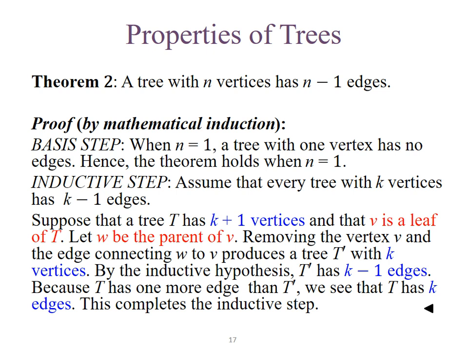The difference between this tree and this tree is that we removed 1 edge. So comparing tree T and T prime, if T prime has k minus 1 edges, then tree T will have k edges. I think this proof is very easy. You can apply mathematical induction to prove this theorem.